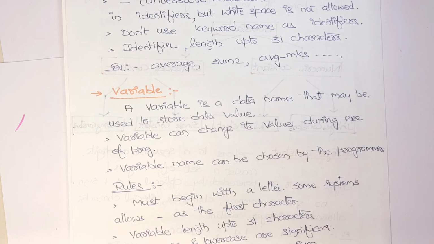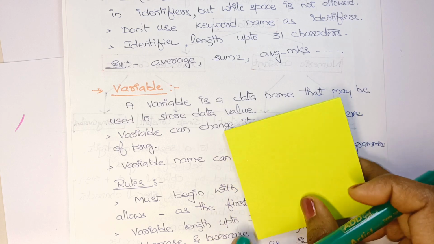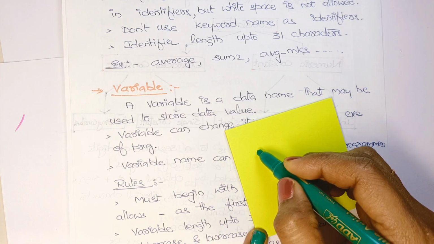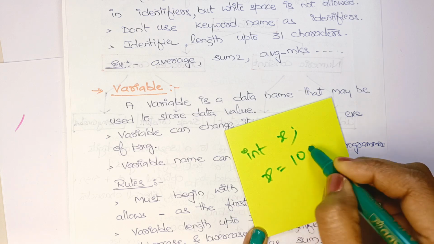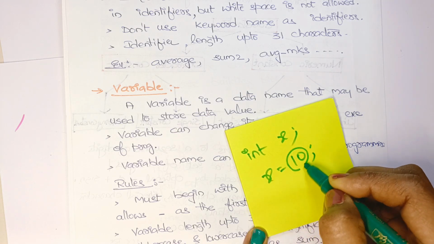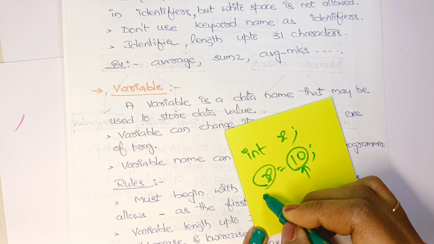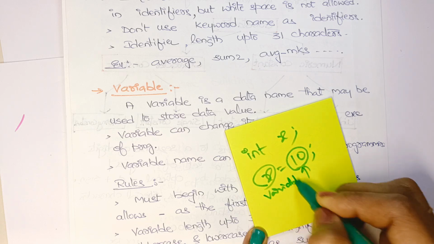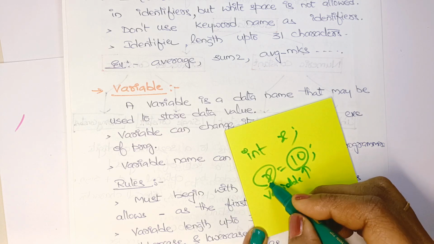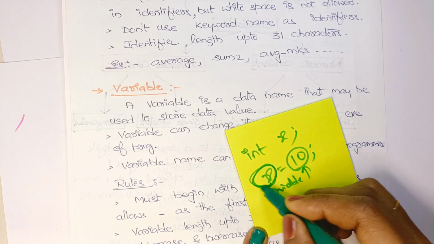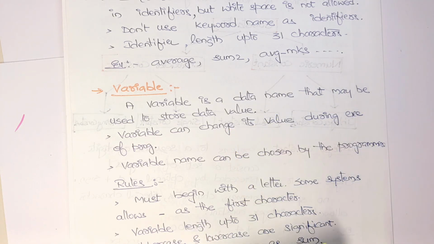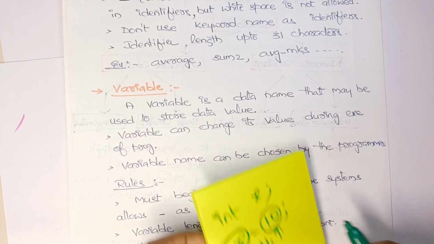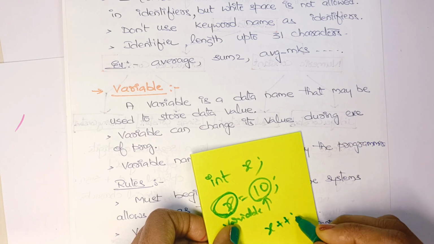For example, I declared int x equal to 10, so x is a variable which can store the value 10. It can change its value during the program.